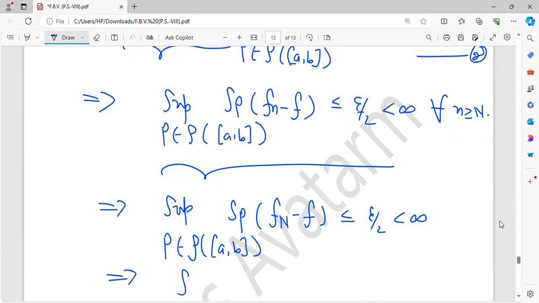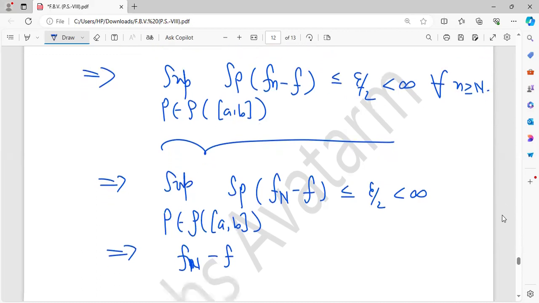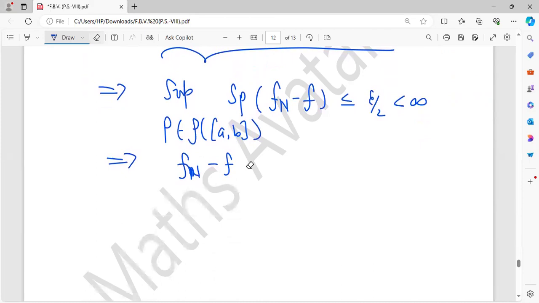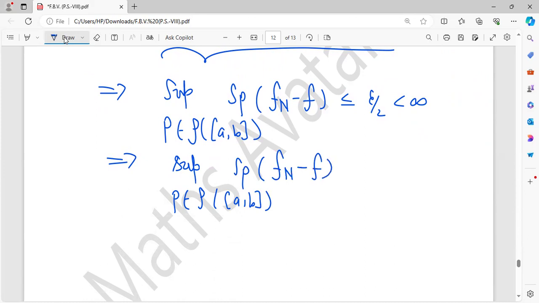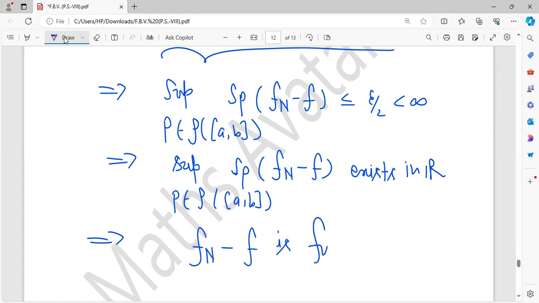So this implies the supremum over P of S_P(Fn minus f) exists in R. So this implies Fn minus f is a function of bounded variation.